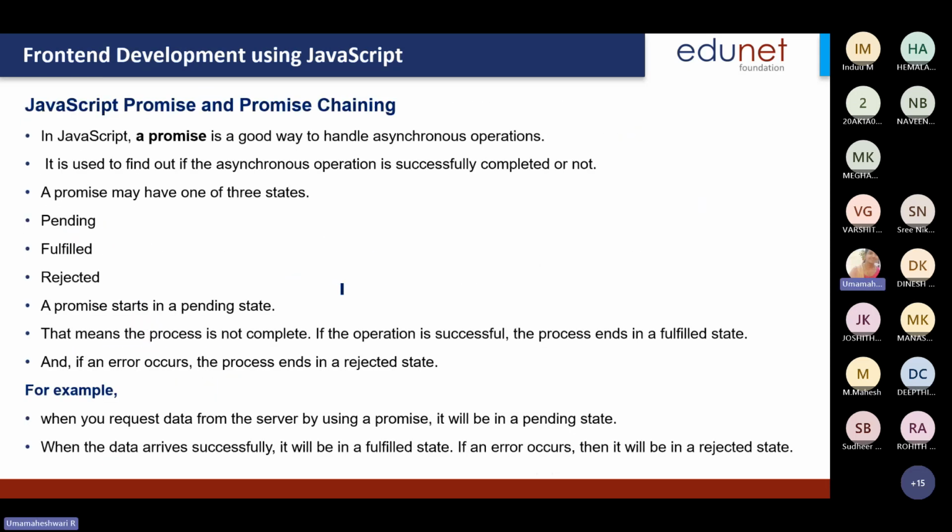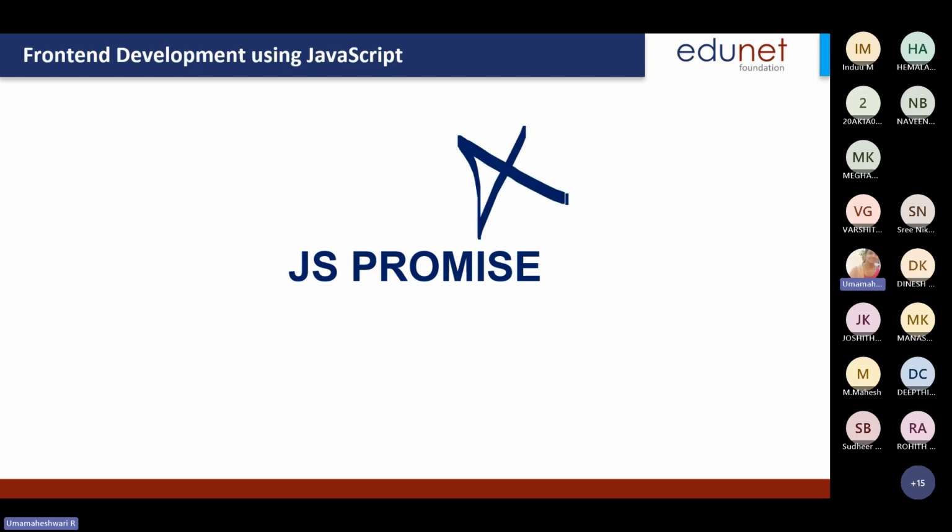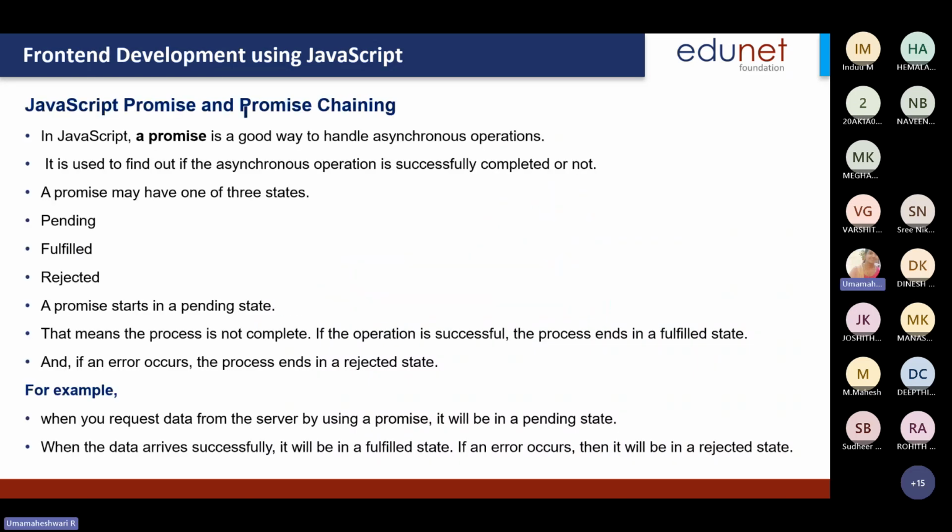And next, a very important concept that is called a JS promise. So JS promise, what is this? JS promise and promise chaining. A promise is a good way to handle asynchronous operations. So what is called asynchronous? When some operations are not performed in a simultaneous manner, we call it asynchronous.